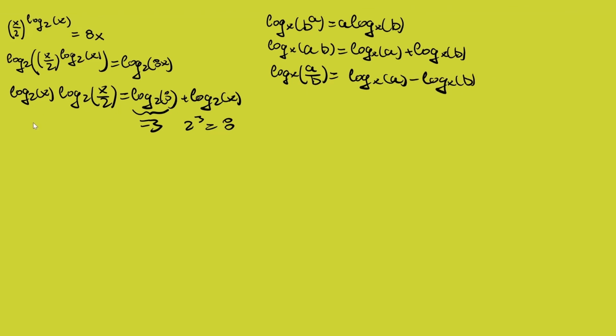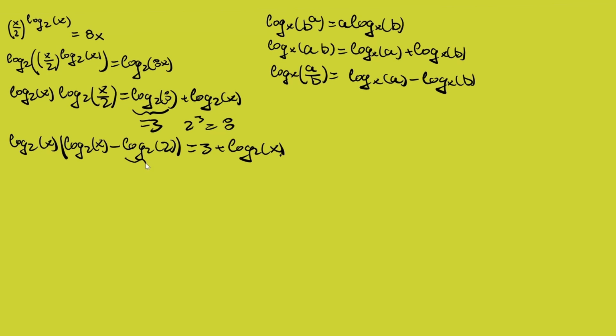So let's keep simplifying our equation. We have log base 2 of x times log base 2 of x, which is the numerator, minus log base 2 of 2, which is the denominator. And this equals 3 plus log base 2 of x.